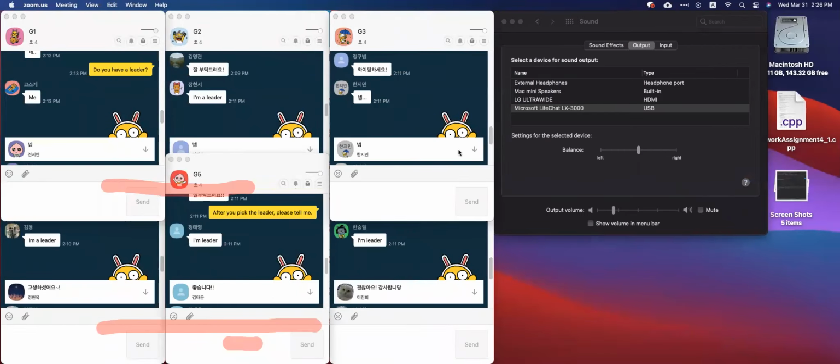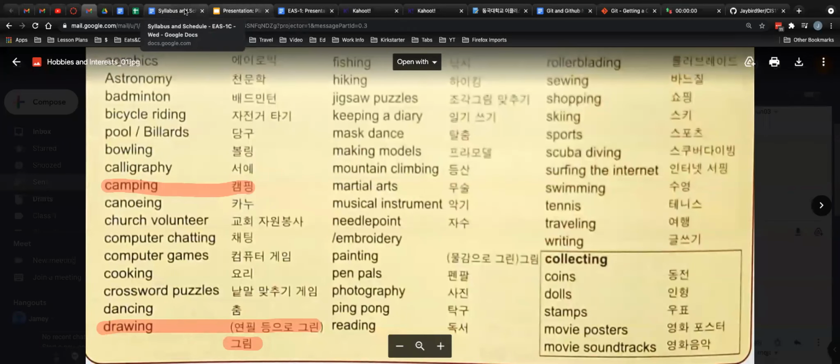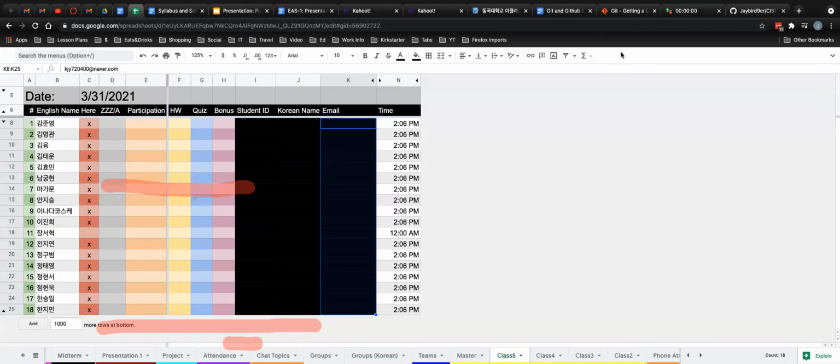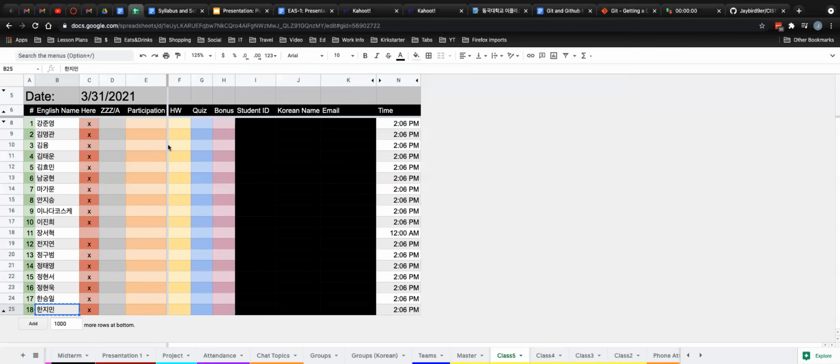Okay, I need to check one thing, because some students might be on their computer and phone, so I have to make sure I put them into the right group.